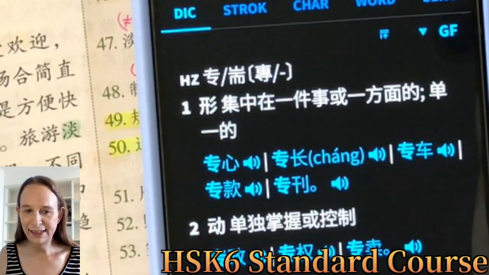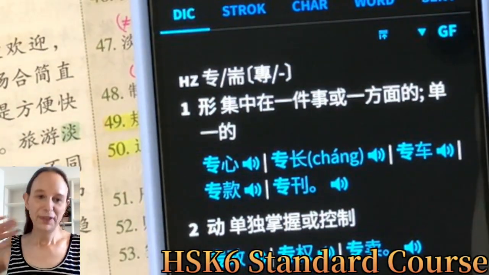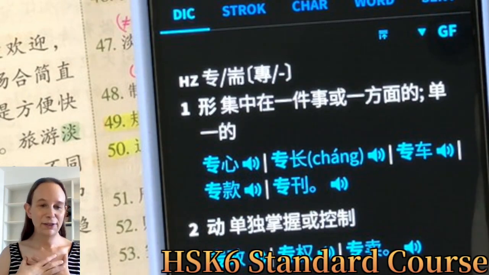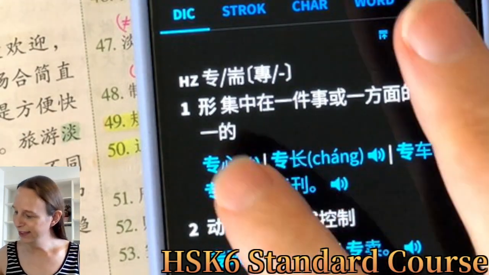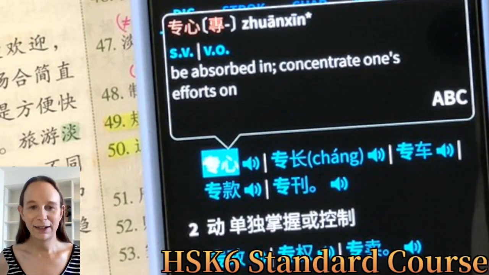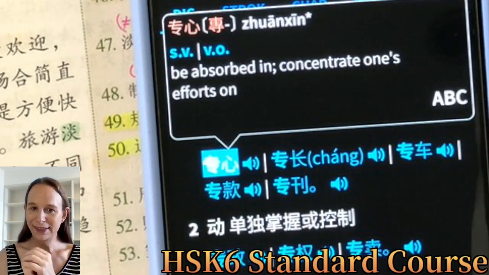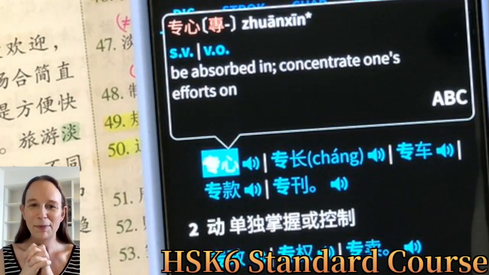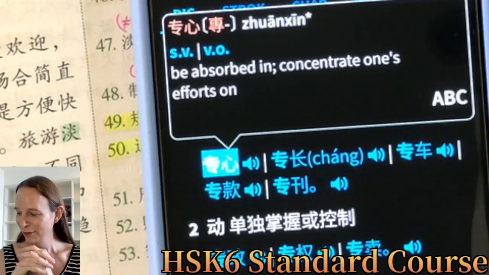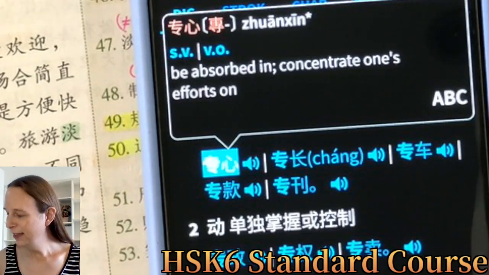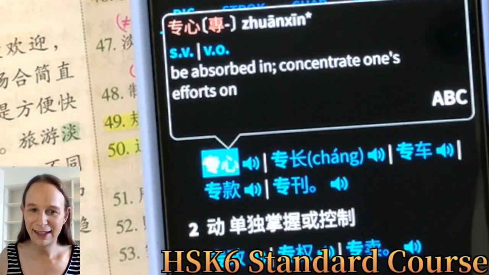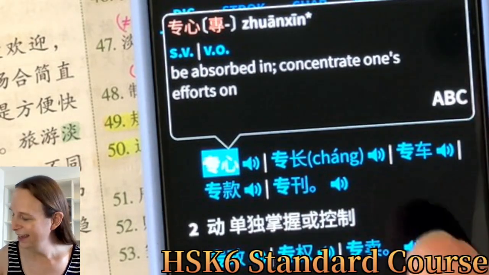Yeah, 专心. 专心 means you're devoting all your effort to something. Be absorbed in, concentrate on. So, 我正在专心学习中文, I'm absorbed in studying Chinese. That's a good one as well. That's one that you need to know for the HSK.